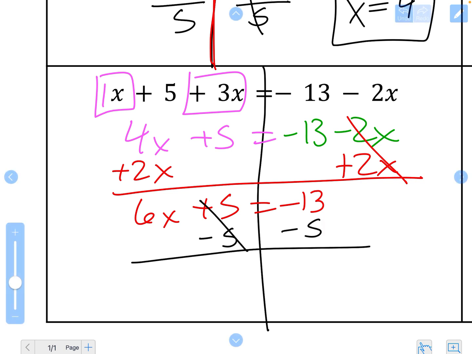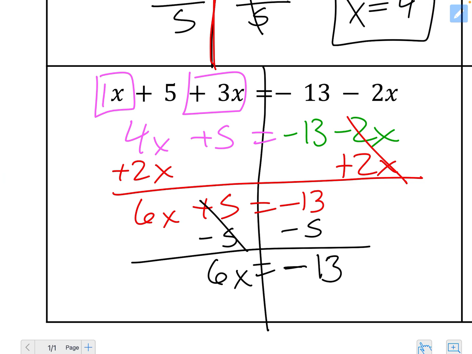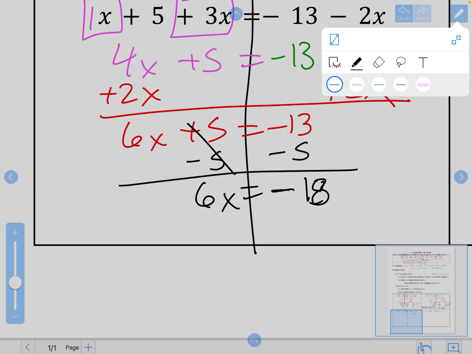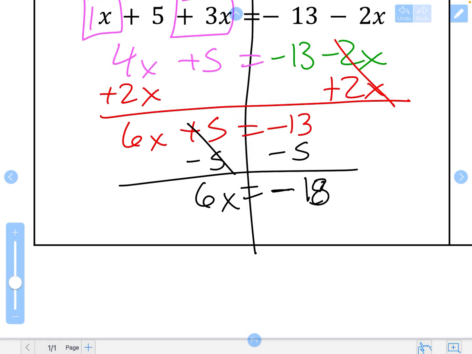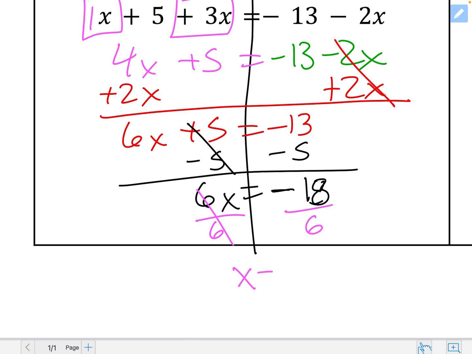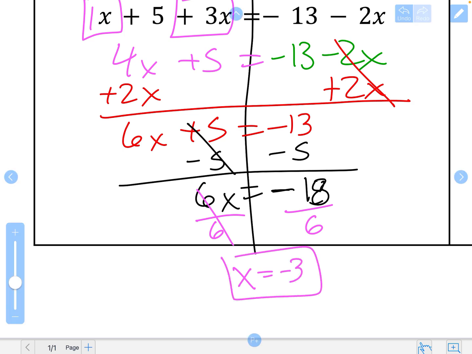What I do to one side, I do to the other, bring down my 6x, and a negative minus means that we're going to put a negative down and combine them for, oh, it's supposed to be an 18. It's one of those mornings, guys. And then finally, I'm going to divide by my coefficient, which is the number in front of the letter. And so x is going to equal negative 3.